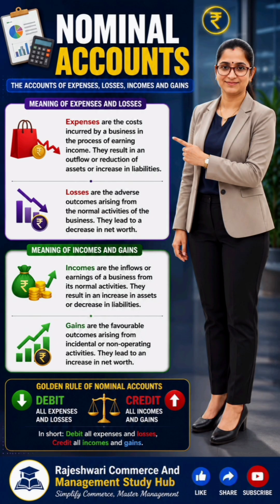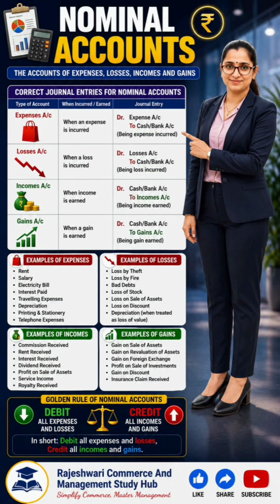You are debiting all the expenses and losses, whether it is any type of loss or an expense, but all the expenses and losses you are debiting, and you are crediting all the incomes and gains. So what is the golden rule of nominal account? Debit all expenses and losses, credit all incomes and gains.